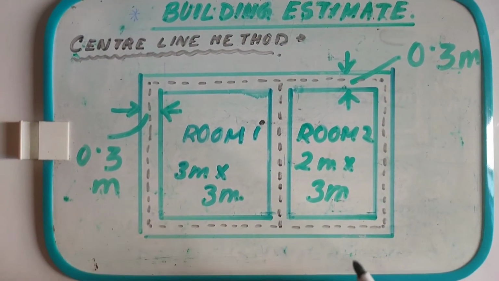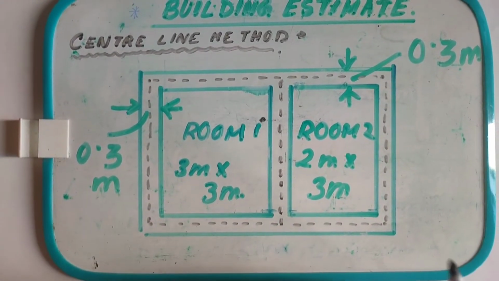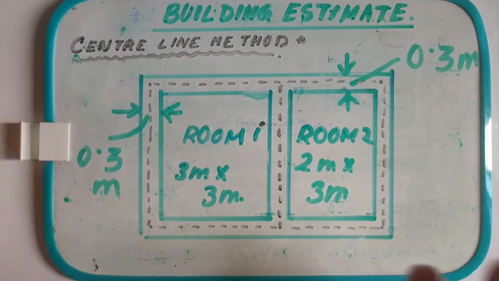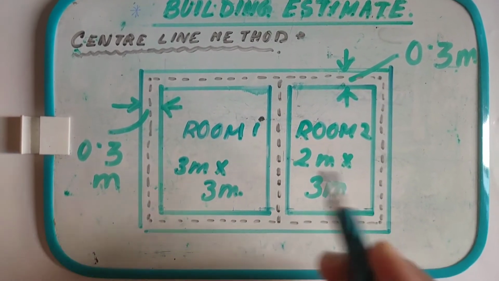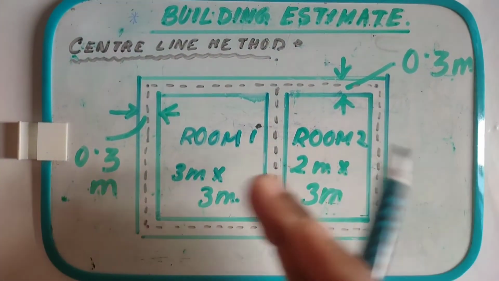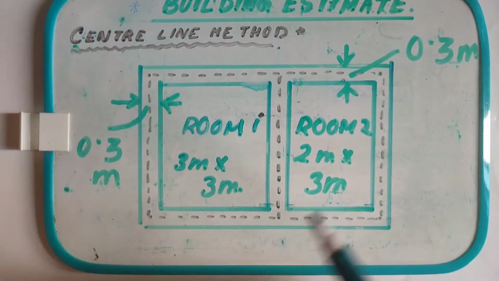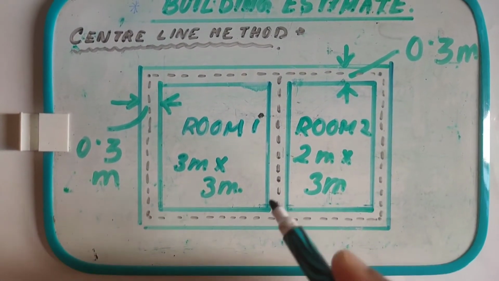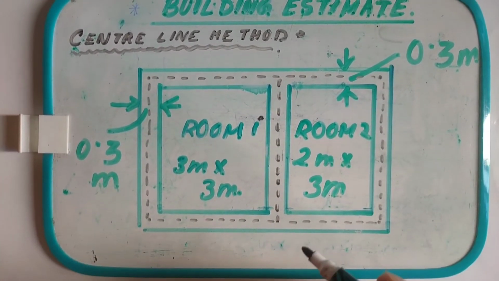In the long wall and short wall method we find the length once for long wall and once for short wall. The longer walls are considered long walls and the shorter walls are short walls. But in the center line method, if we get a single room plan or a double room plan, just make a center line of the plan and find the total length of the center line only. Let me show you how to do it.